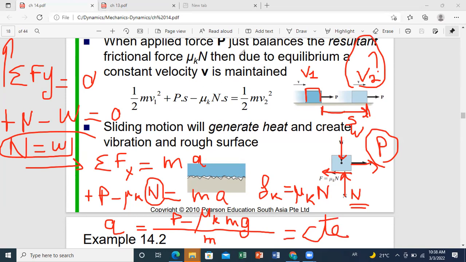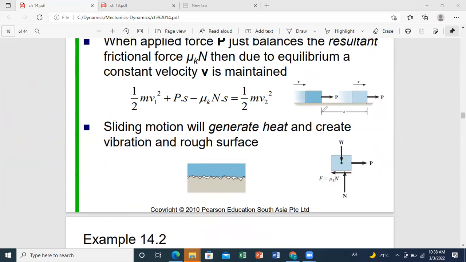To get V2, because I know the displacement delta S, which is equal to s, I can apply between states 1 and 2: V2 squared minus V1 squared equals 2a times delta s, which is s. So 2 times acceleration times s.